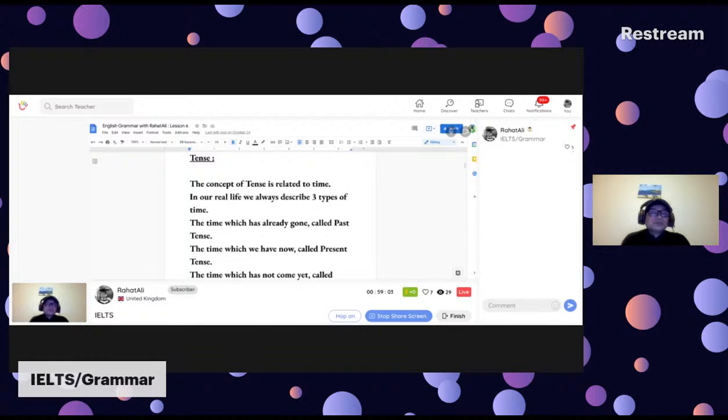The concept of tense is related to time, as I said, and in real life we always describe three types of time. What are the three types? The time that has gone, we call past tense. The time which we have now, we call present tense. The time which hasn't come yet, we call future tense.